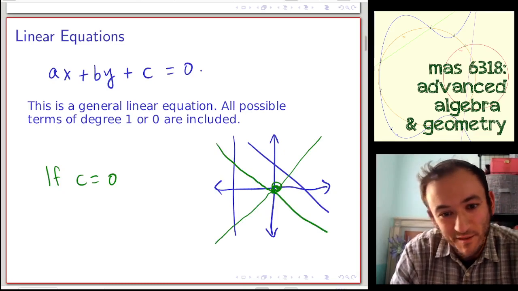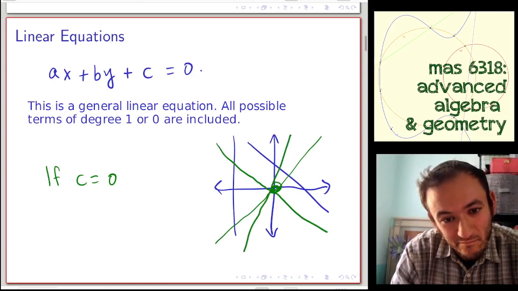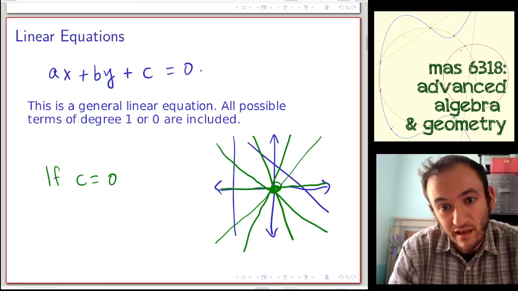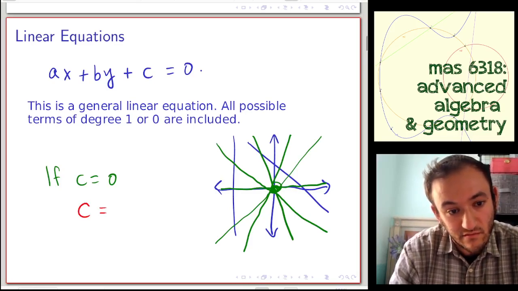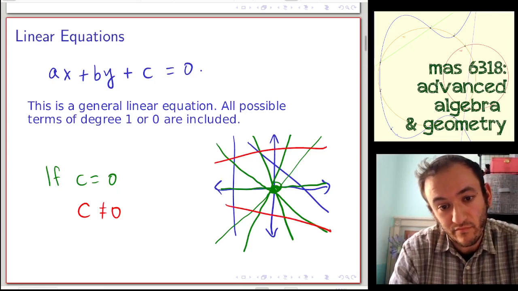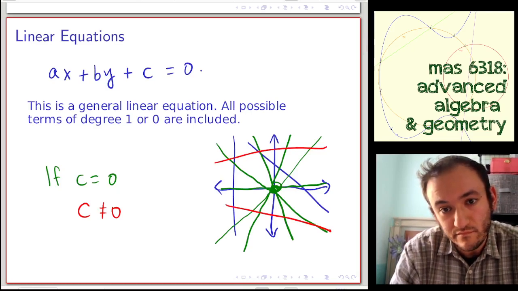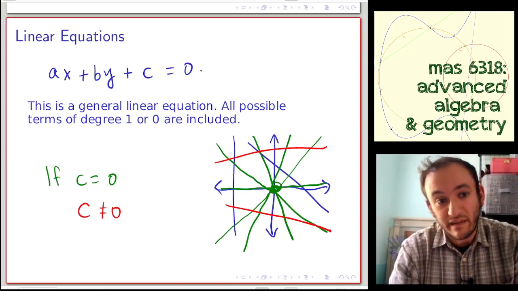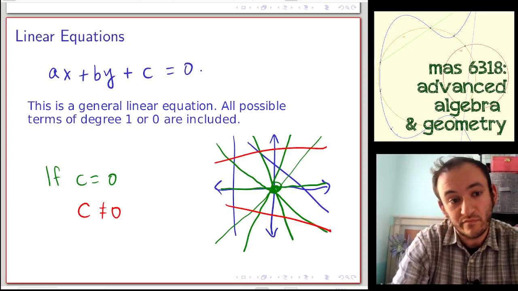Fatten up the origin a little bit. But if c is non-zero, you get lines elsewhere. So we understand the algebraic varieties defined by linear equations pretty well.